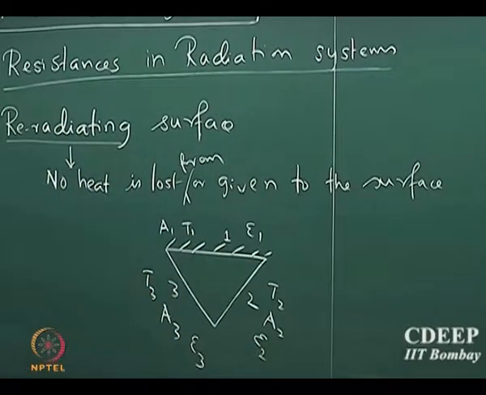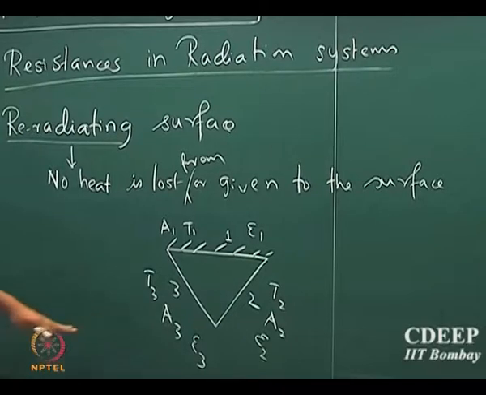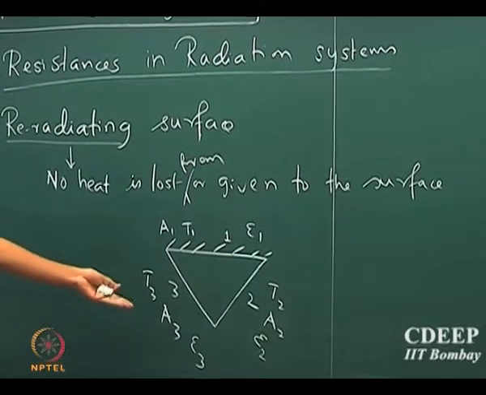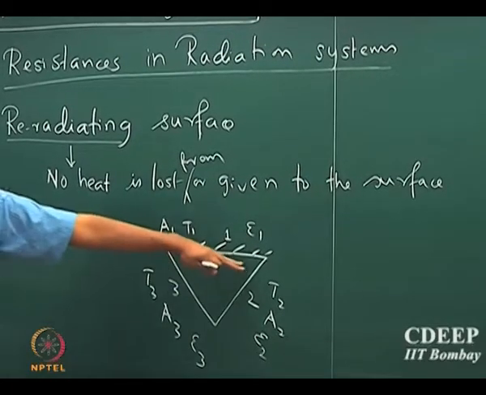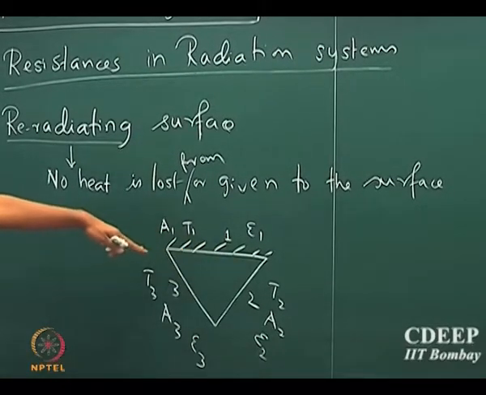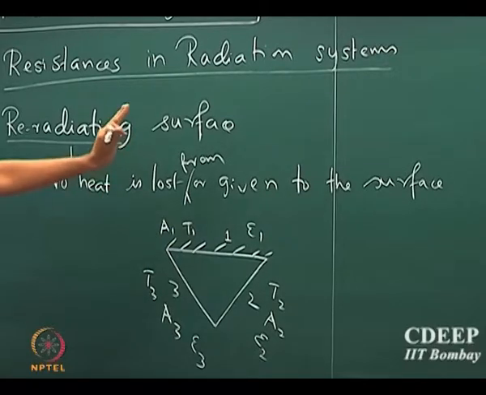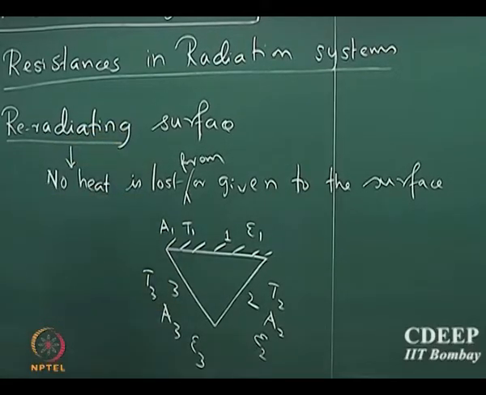Now I can write the resistances for this problem and find out the net heat exchange between 1 and 2. Note that nothing is leaving surface 1. There is no heat that is lost from surface 1 and nothing is added to surface 1.